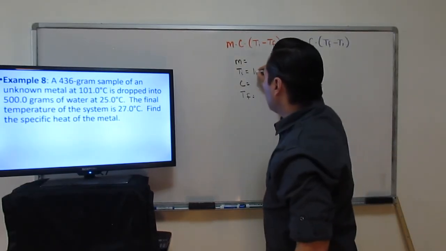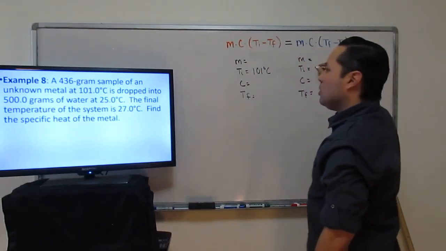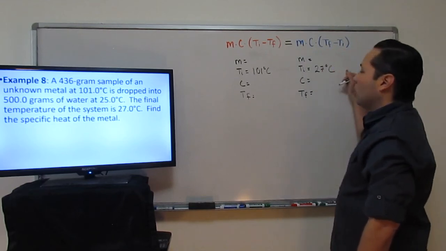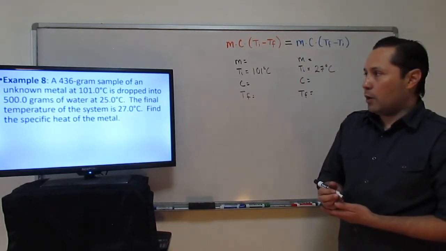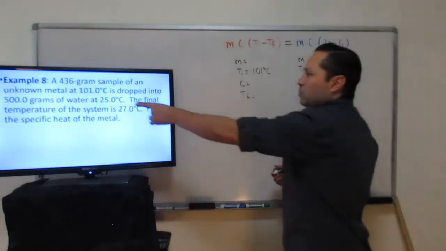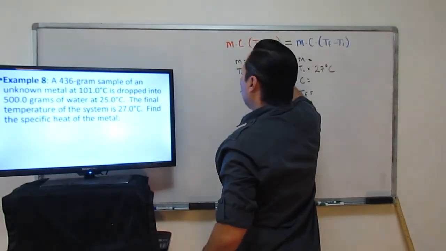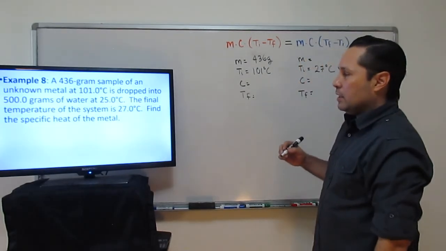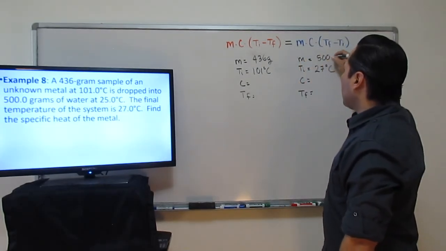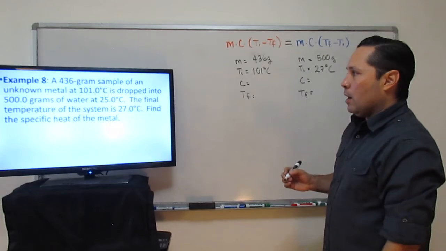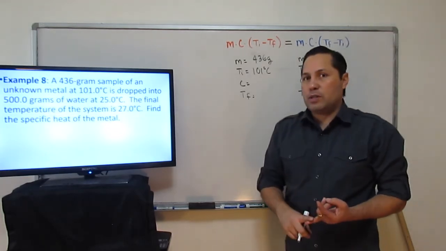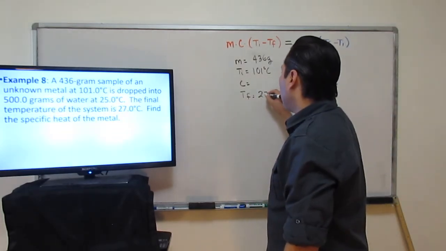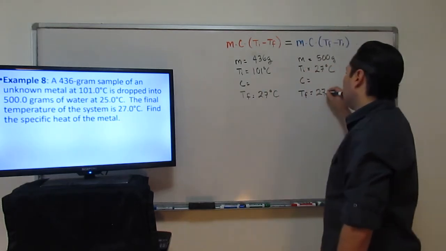Initial temperature was 101 degrees Celsius for the metal, 25 degrees Celsius for the water. The initial mass of the sample of metal was 436 grams, and for the water was 500 grams. Next, the final temperature is 27 degrees Celsius. Remember, final temperature is the same for both.